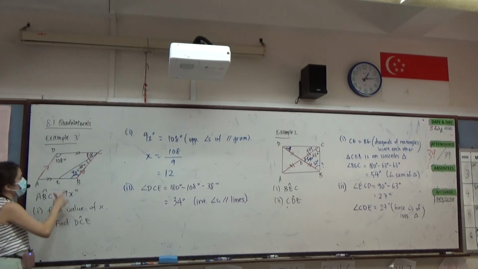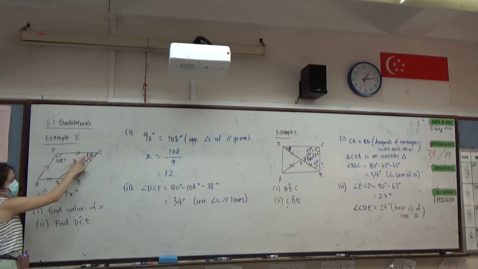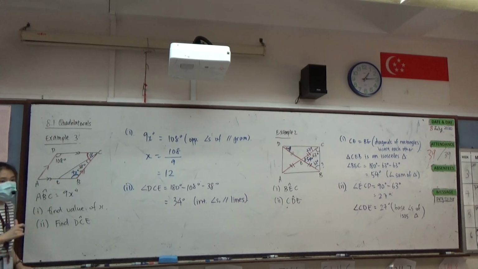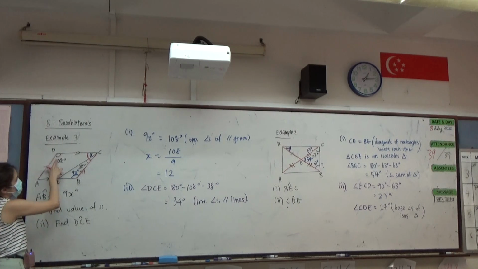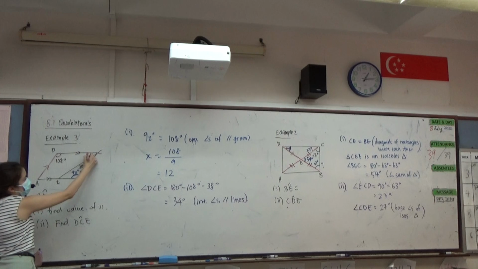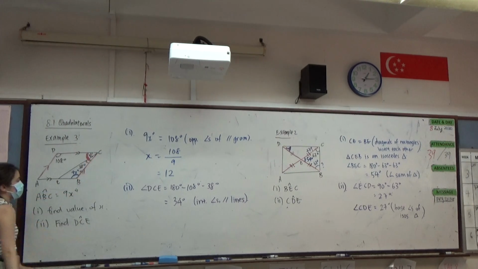So when I take 180 minus 108, I will find angle BCD. Then I minus away 38, I will find angle DCE. Understand? So I take 180 minus 108, I can find this. Then I minus away 38 here, then I can find the angle that I want.